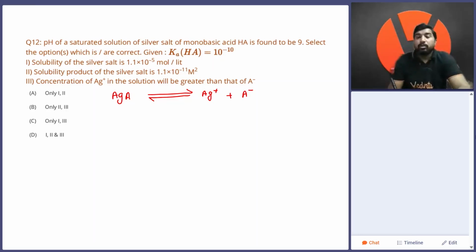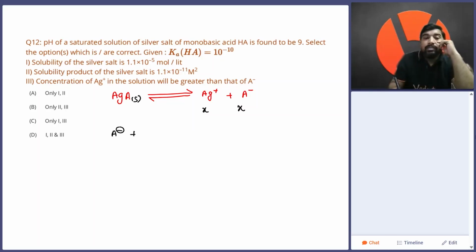When we dissolve this salt in water, initially it is a solid, and some moles of AgA will dissociate. Let us consider x mole will dissociate. So how much Ag plus will form? That should be x. The concentration of Ag plus is x, and x of A minus.